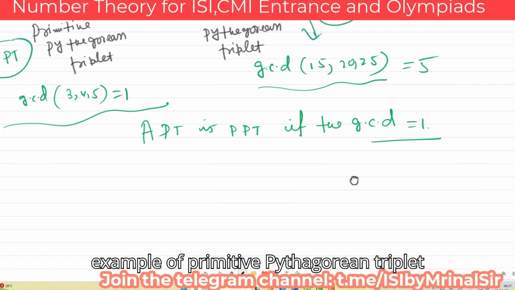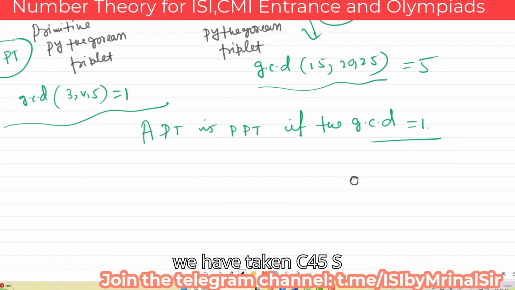The example of a primitive Pythagorean triplet we have taken is 3, 4, 5.